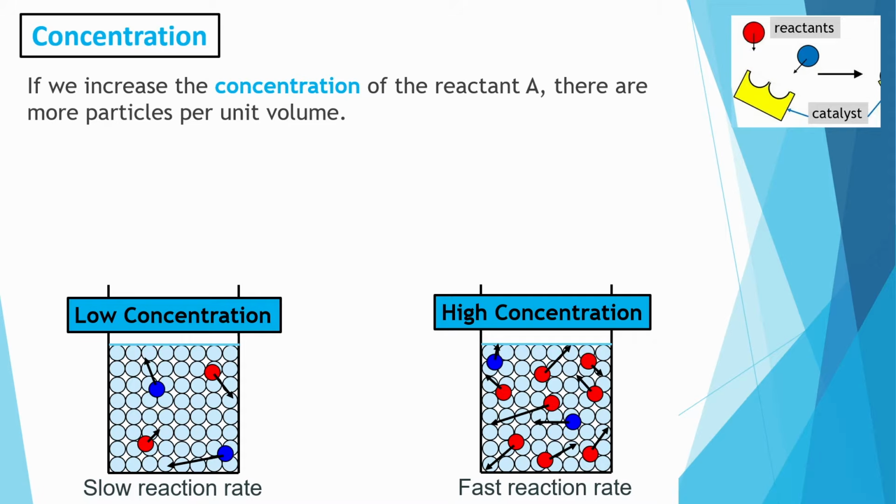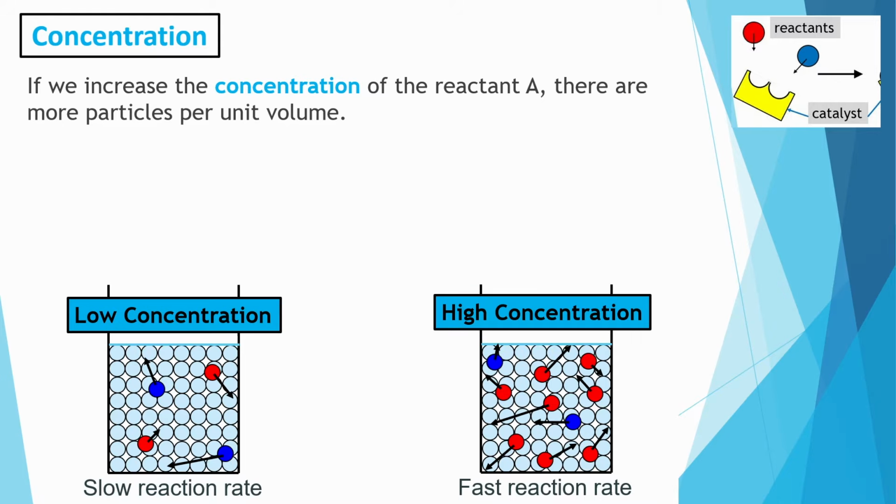Now if you look at these carefully and think about how the particles might move based on their direction, velocity and speed, you might see that in the second, high concentration beaker, because there are more particles per unit volume, there are going to be more frequent collisions of the red particles and the blue particles.